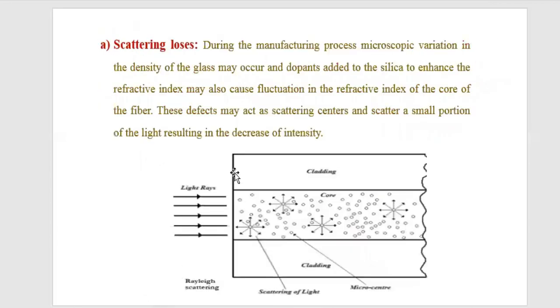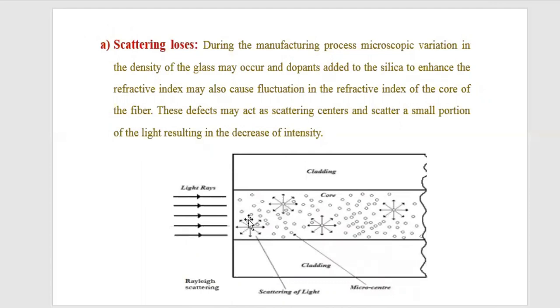The first loss is scattering loss. When there are any defects in the manufacturing of the material in the core, or any impurities present in it, the light scatters at these impurities and hence the intensity decreases.